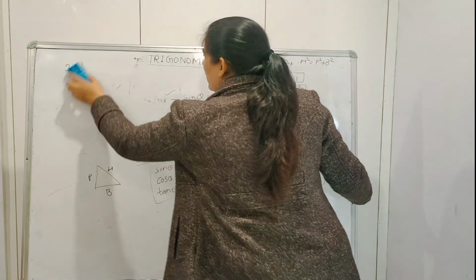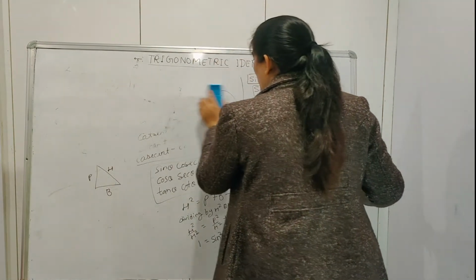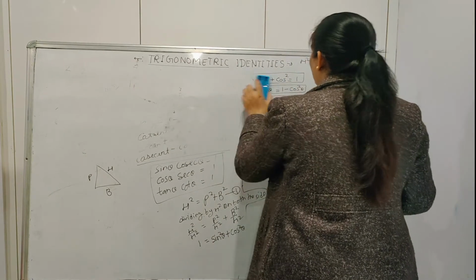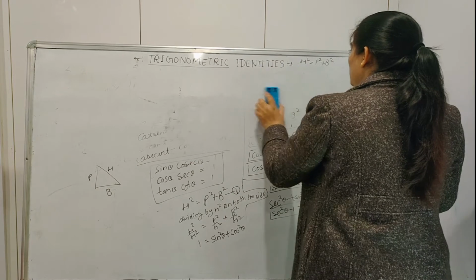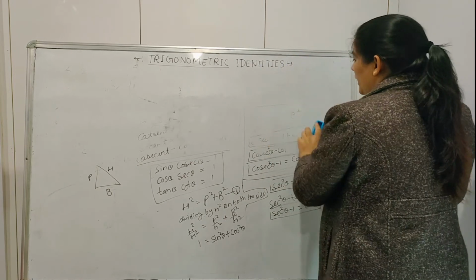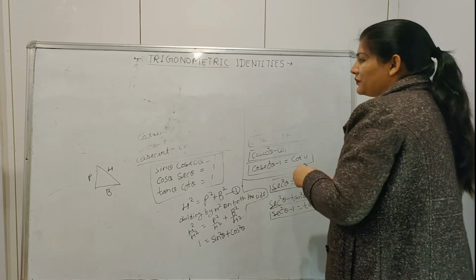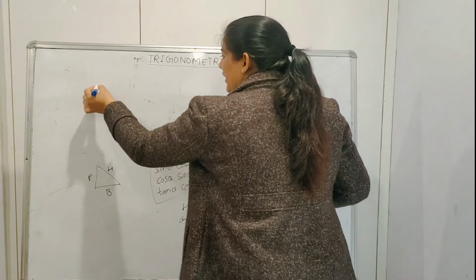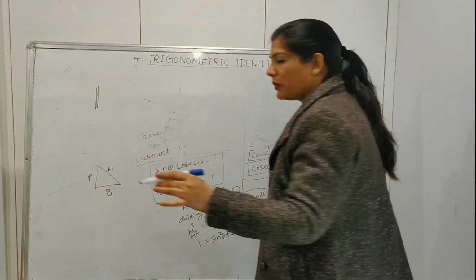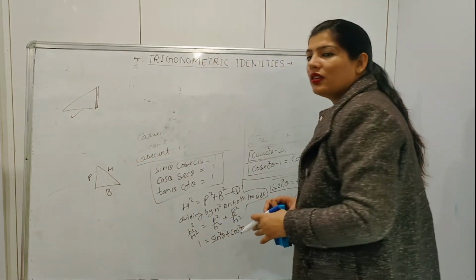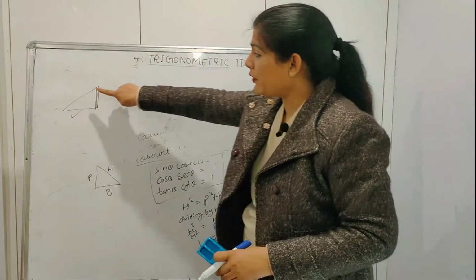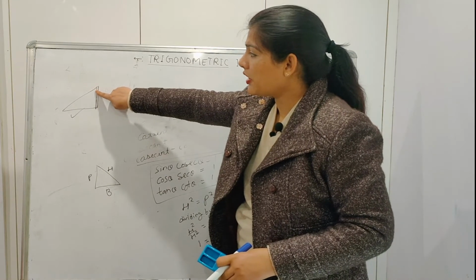And be careful about which angle is given; you have to consider the perpendicular and base according to the given angle. It is not necessary that the vertical or standing line is always the perpendicular. Sometimes this can also be the perpendicular if you have to find the trigonometric ratio of this angle.